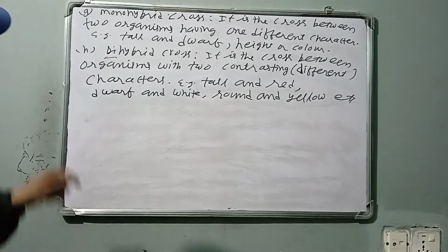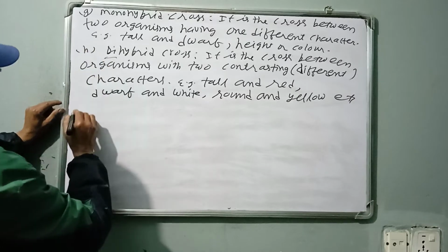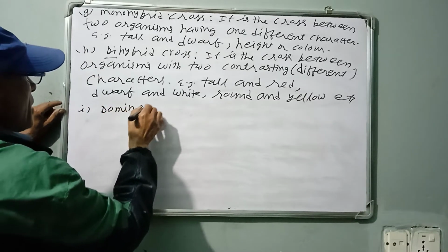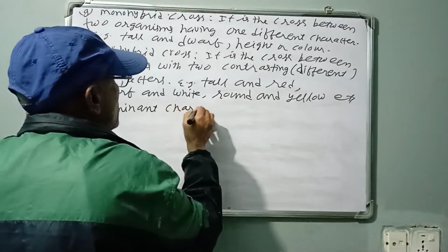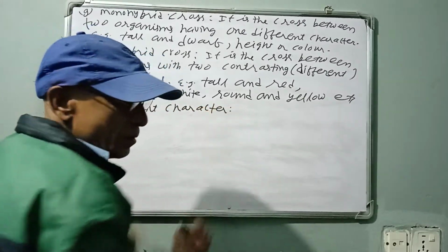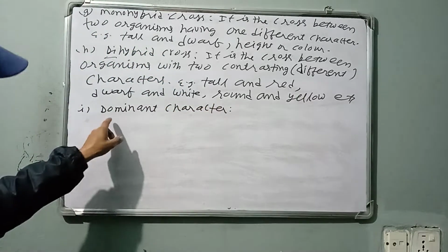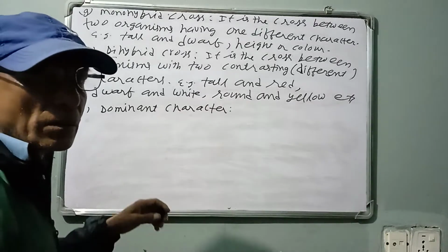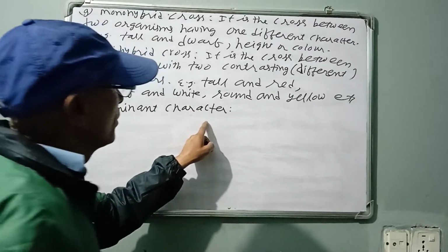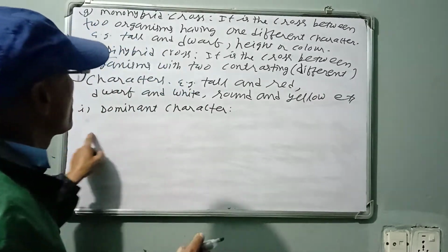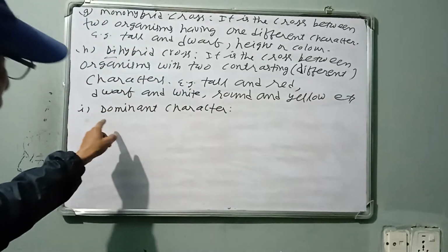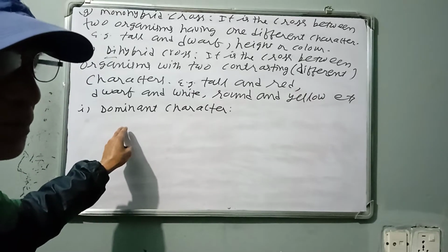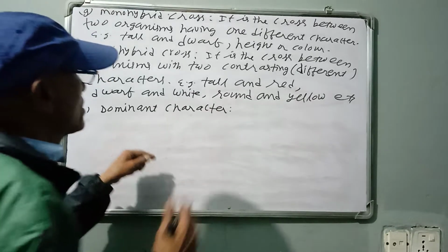In the same way, dominant character. Just by the word, dominant character. It is the strong character which suppresses another in an experiment. Mendel did his experiment on peas and he found the strong or dominant character, which we can see.